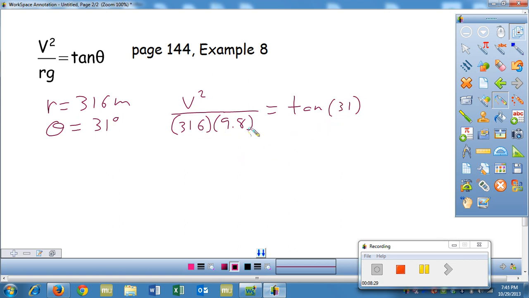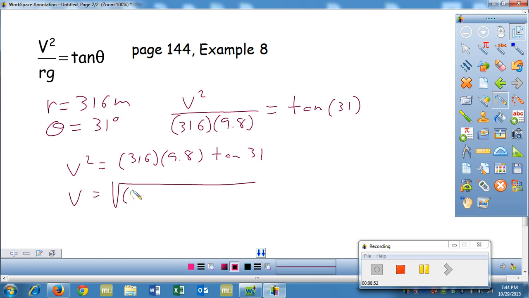So let's see, we can multiply both sides by 316 times 9.8. We have v squared equals 316 times 9.8 times the tangent of 31. Okay, that means that v equals the square root of 316 times 9.8 times the tangent of 31.